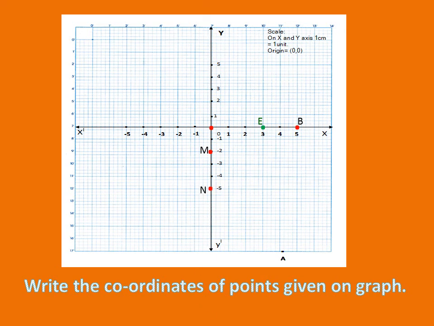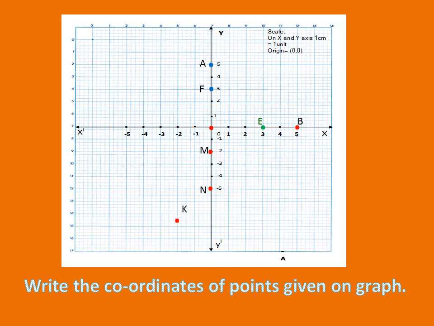Same way N, vertical line 0, horizontal line at y-axis -5. So what will be the coordinates of point N? 0 comma -5. Same way A, we have again vertical line on the x-axis at 0, horizontal line on the y-axis at 5. Therefore A will have coordinates 0 comma 5.